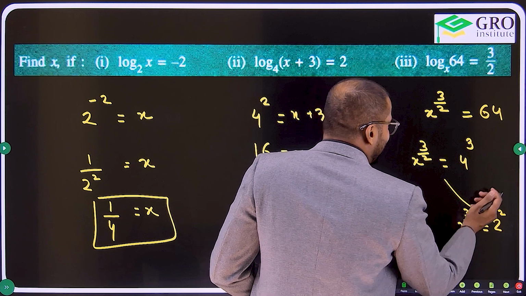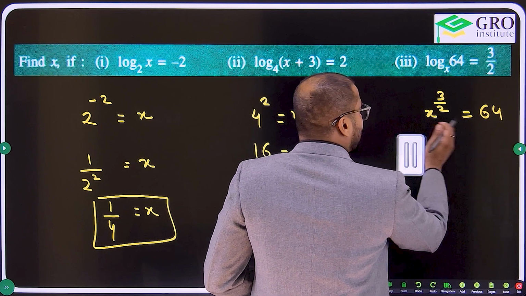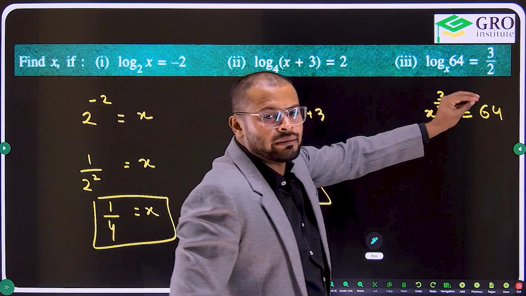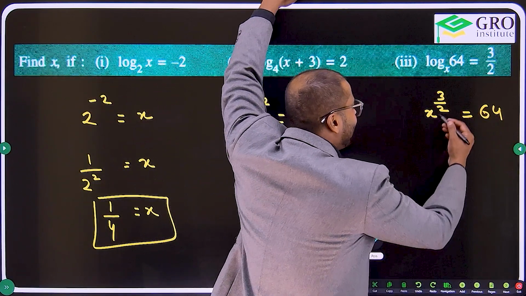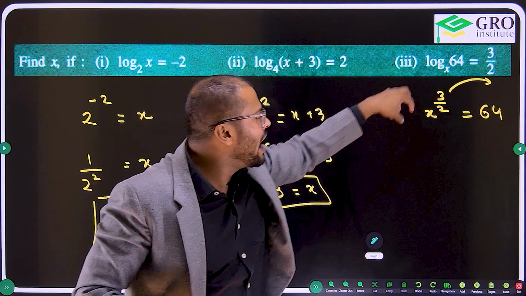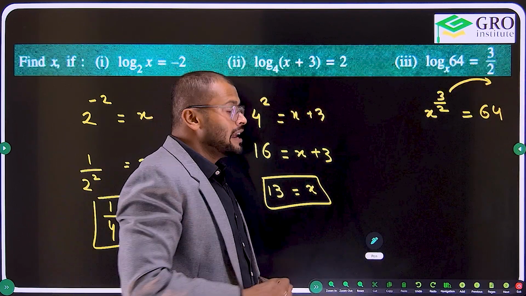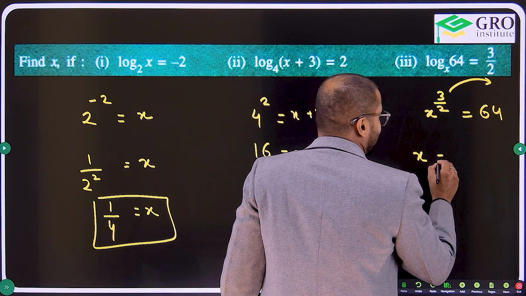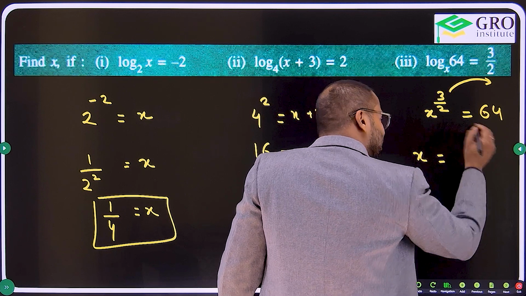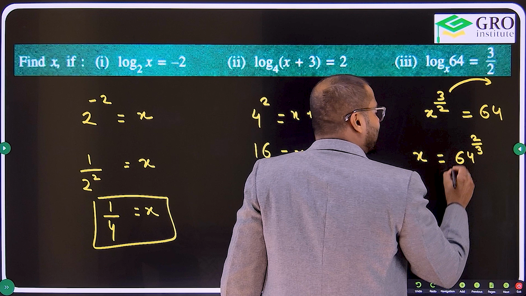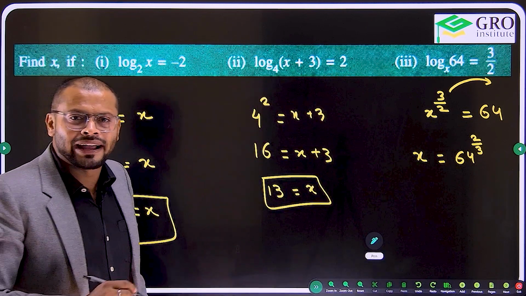In that way we can solve it. Or a different way of solving it is that x to the power 3 by 2 is equal to 64, and when your power jumps to the right hand side, it gets reciprocal. X to the power 3 by 2 is transferred to the right hand side and it becomes 2 by 3.